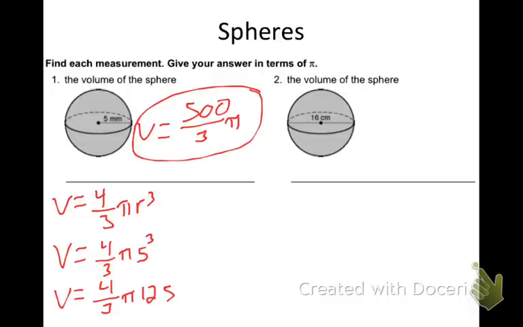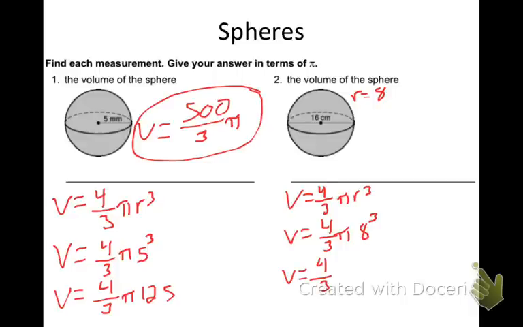Number two, find the volume of the sphere. Does it give me the radius or diameter, Johnny? It gives me the diameter. I want to find the radius. What is the radius? 8. Radius is 8. So I have V equals 4/3 pi r cubed. What's my radius here, Johnny? 8. So pi 8 cubed. What is 8 cubed, Max? 512.